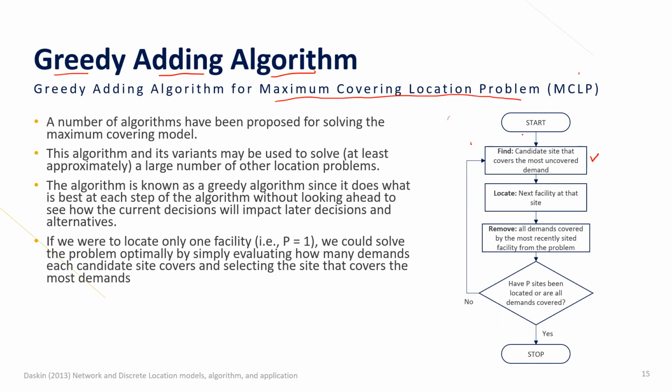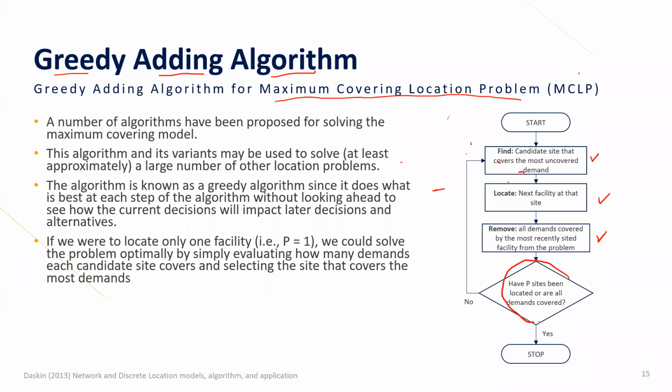I select that facility, and all the demand covered by it is then considered already covered. For example, if I select A, I will have B and D covered, but not C.